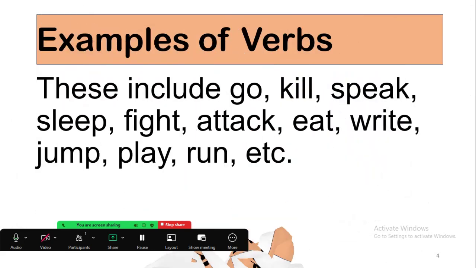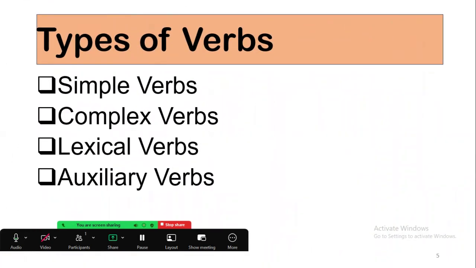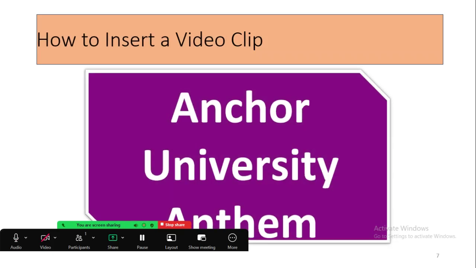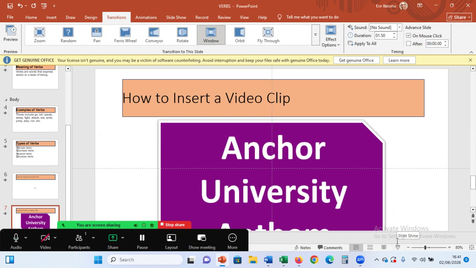So that's how to add your transition effect. As you move from one slide to another, you can see the transition effect. So that is the end. Let me escape it.